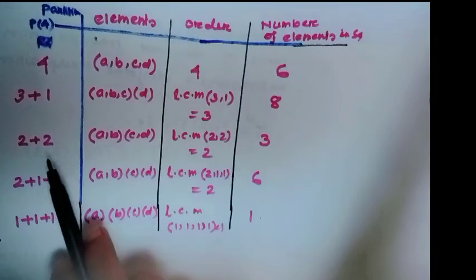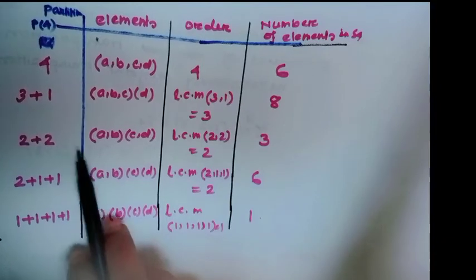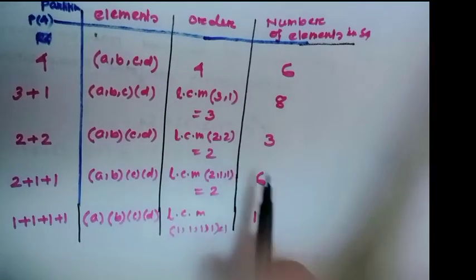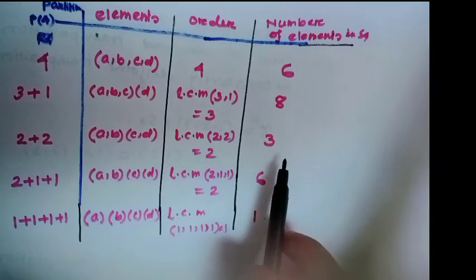Order 2 plus 2 equals 4 partition, that means this type of cycle, and the number of elements is 3.